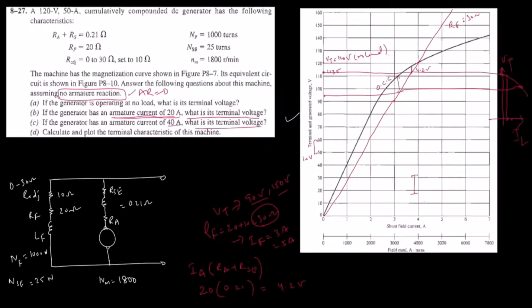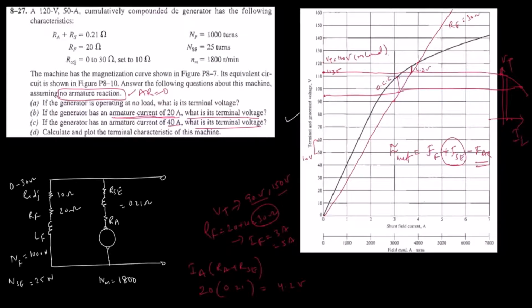In this machine, the net MMF is equal to the field MMF plus the series field MMF minus the armature reaction MMF. Now, he has not given the armature reaction, but I have to take the series field magnetizing MMF into consideration, right?